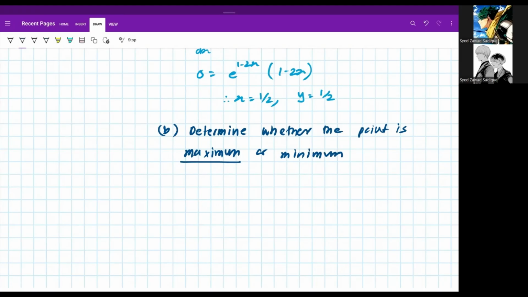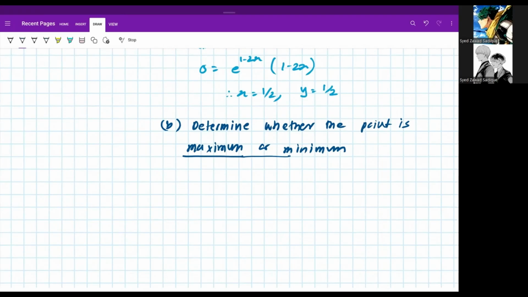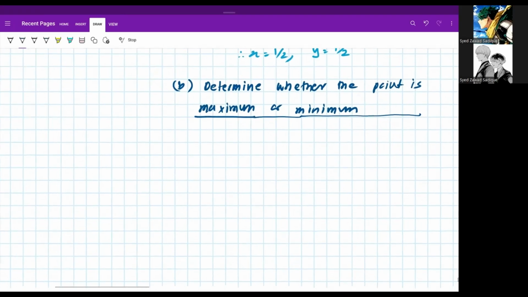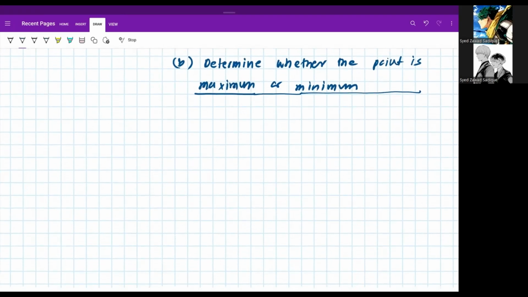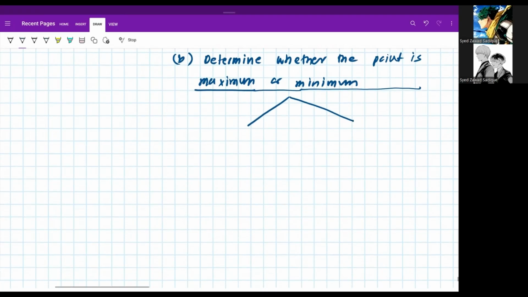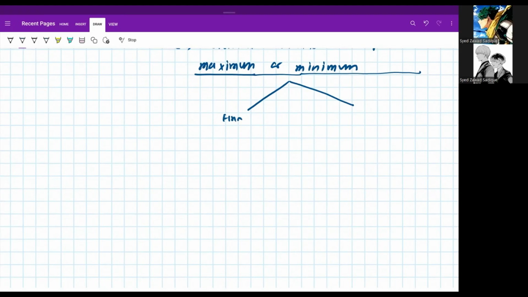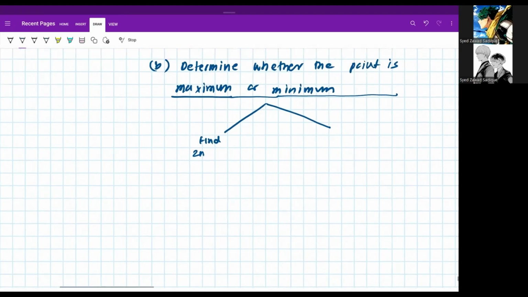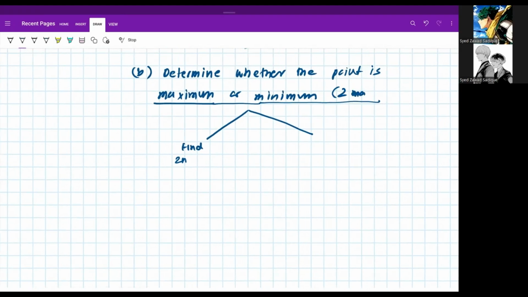Now, what most people do is they find the second derivative. So, two options. Oh, this is 2 marks. Let's say for 2 marks.